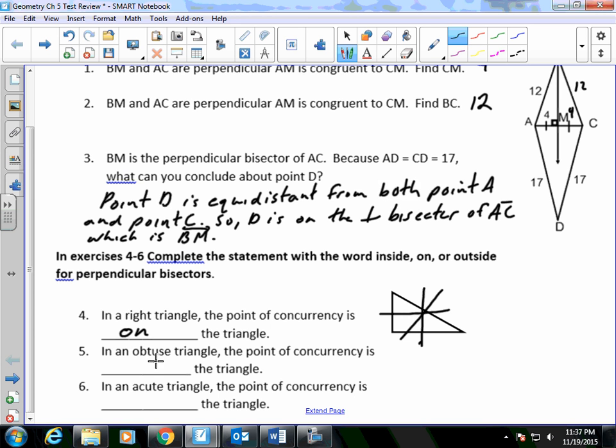So then number 5, in an obtuse triangle, the point of concurrency is blank the triangle. So if I get an obtuse triangle here, and then do the same thing, kind of freehand perpendicular bisectors in there, like that.